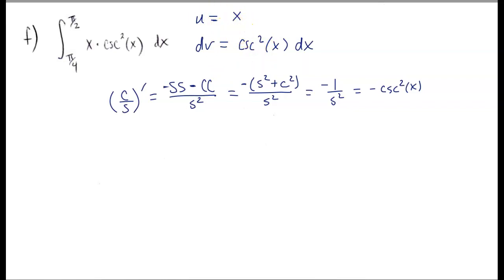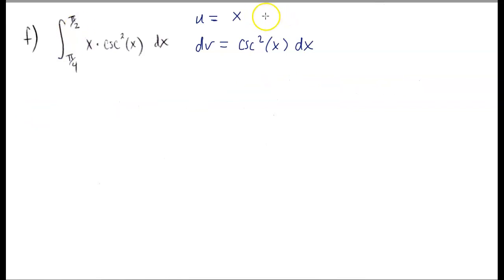So now that we know that, we can go ahead and use our integration by parts formula after we find out what our du and our v is going to be, and just move forward and evaluate the definite integral at that point. All right, so we know that if u is equal to x, then du is going to be equal to 1 times dx, or just dx.